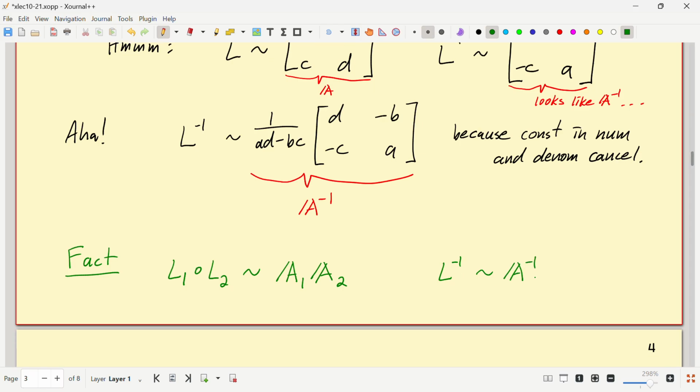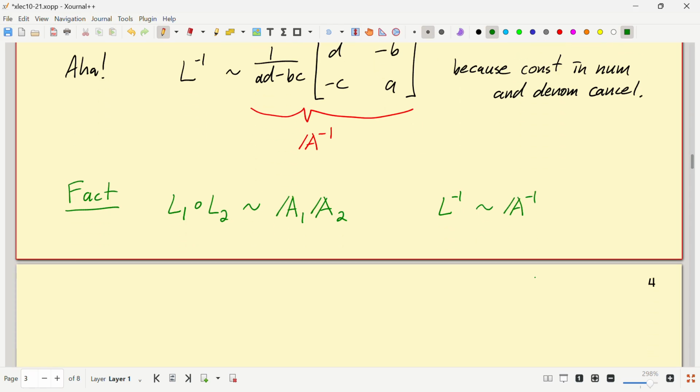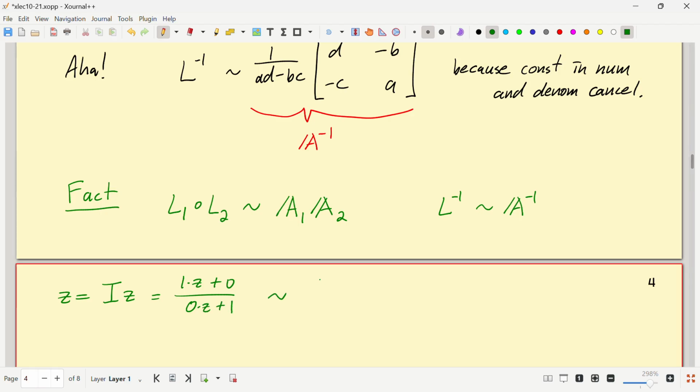And not only that, but the identity I of z is 1 times z plus 0 over 0 times z plus 1, and of course that corresponds to the identity matrix. So I guess that's what you would call a group homomorphism.